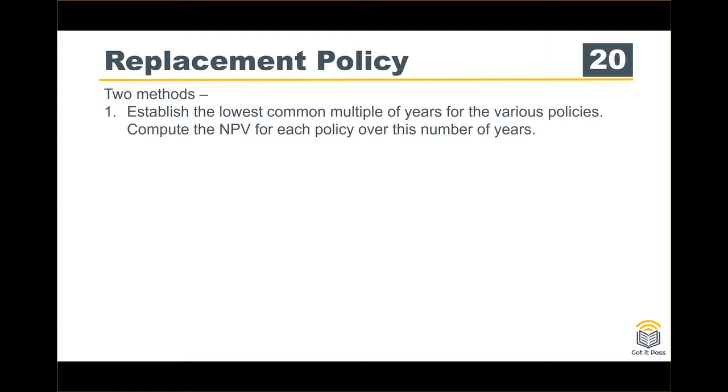So it means you have to compute the NPV of each policy, then compare which one gives you the lowest NPV, because it's a negative NPV. So the policy that gives the lowest negative NPV, you choose it.